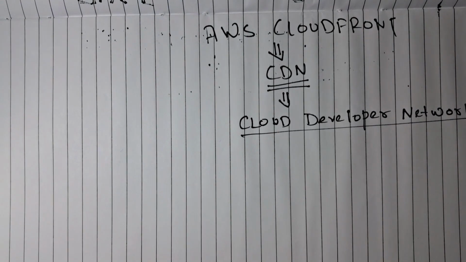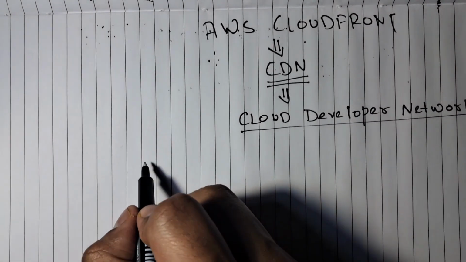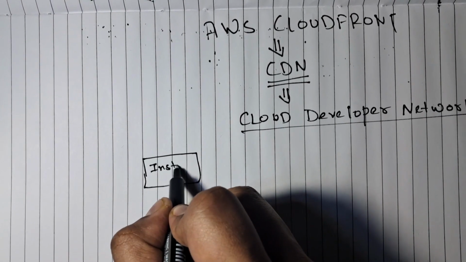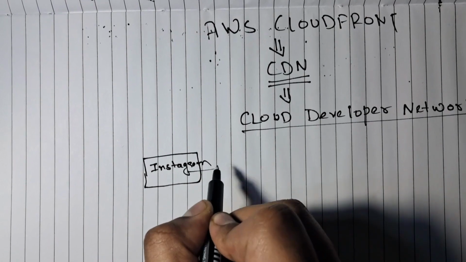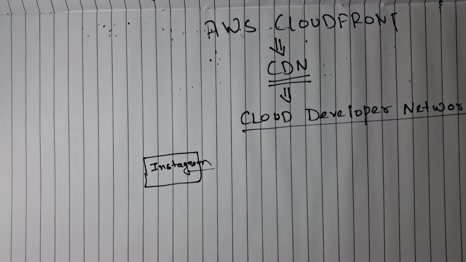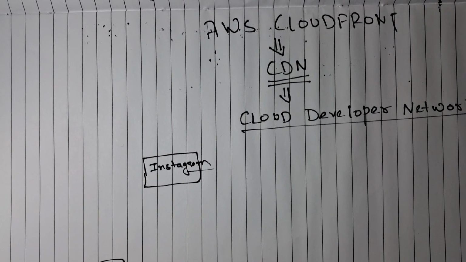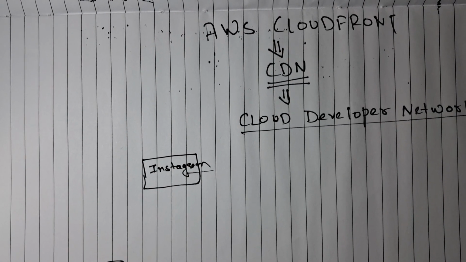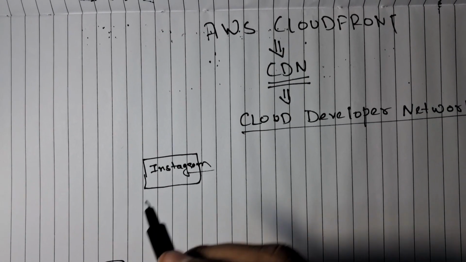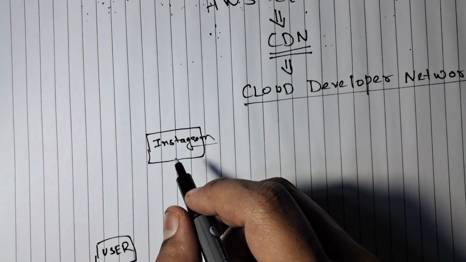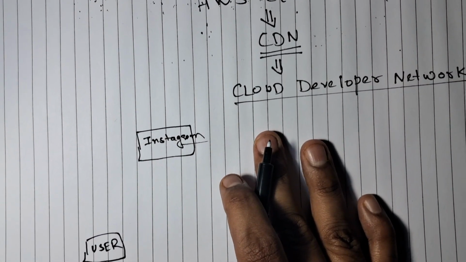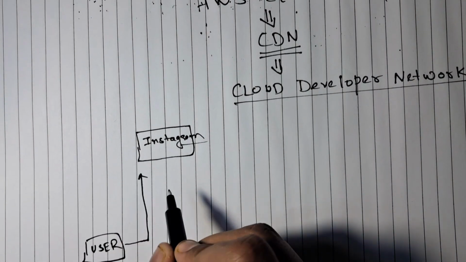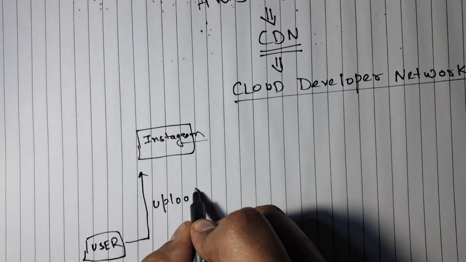So suppose you must have used Instagram. Let's say there is an Instagram portal, and we are a user of Instagram. Whenever I log in to my account as a user, I will go into the Instagram portal and upload my image.